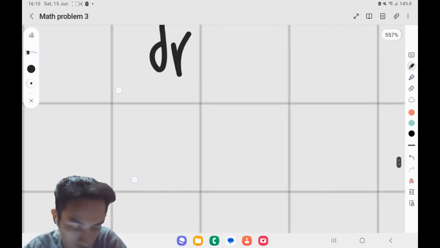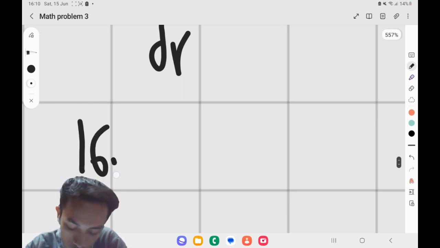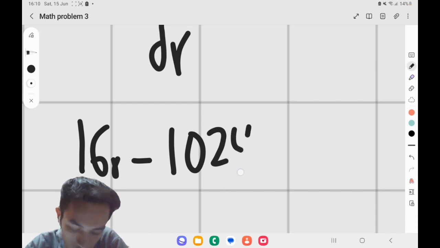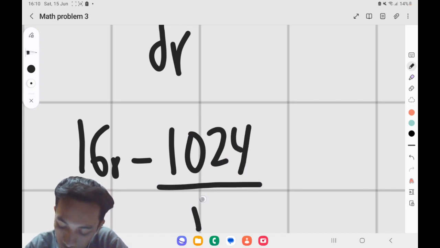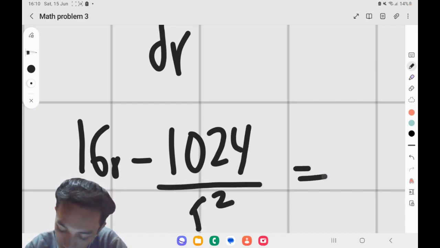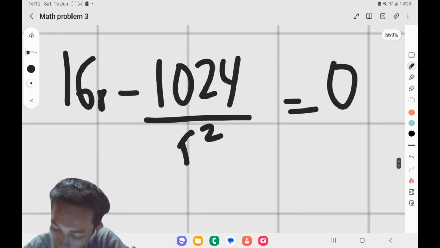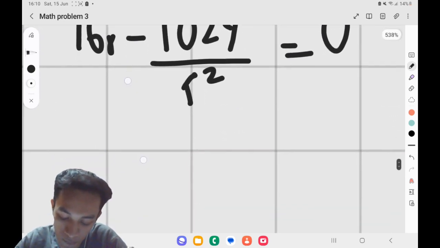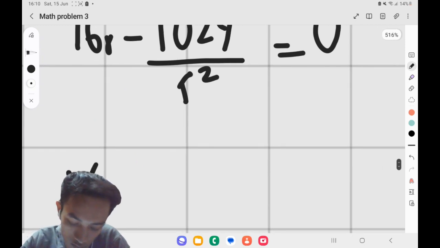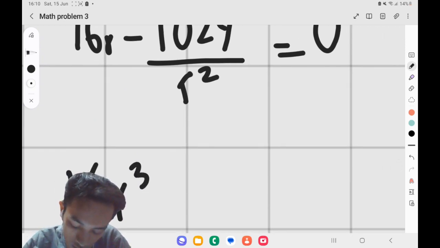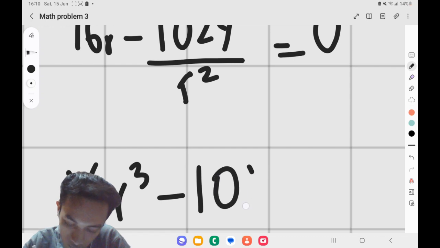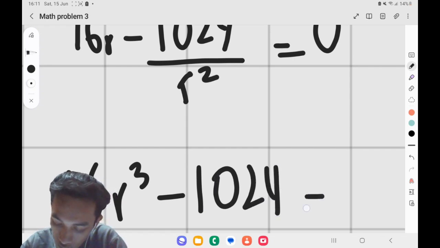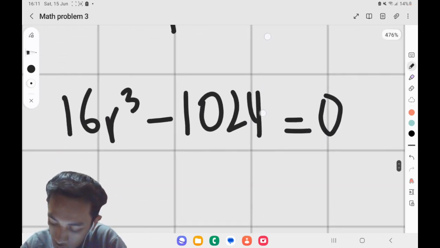So from the earlier equation, 16r minus 1024 over r square equal to 0. We times the r square for all parts, we got 16r cube minus 1024 equal to 0.